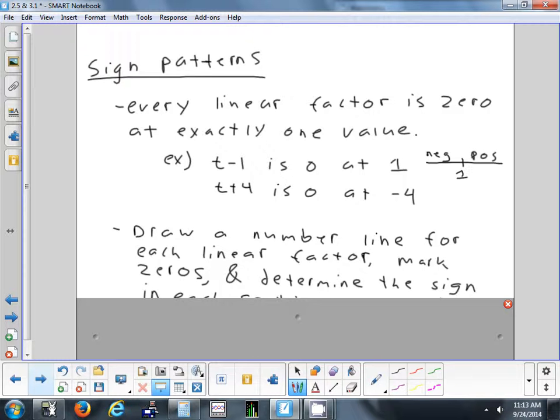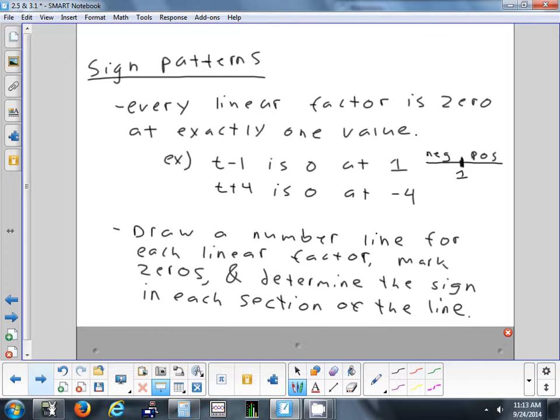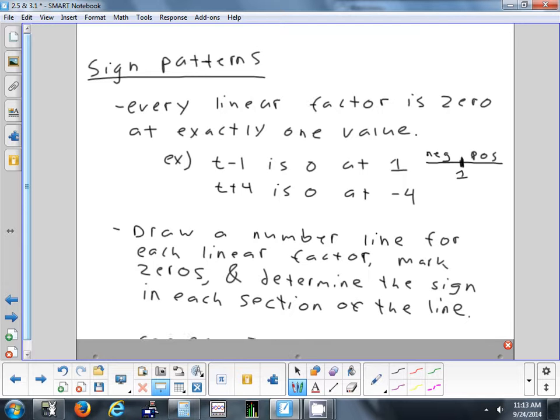So we draw our number line, mark the roots, just like I did. Just put a vertical line right on the root. And then determine the sign of the numbers in each section, negative, positive. Okay, page 113 shows you a few more examples, but we're going to do one right now.